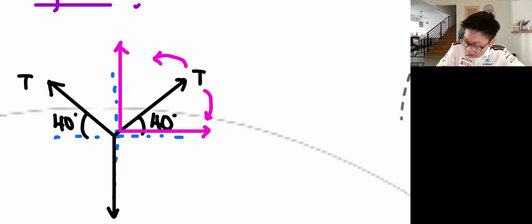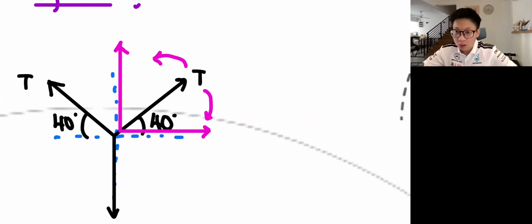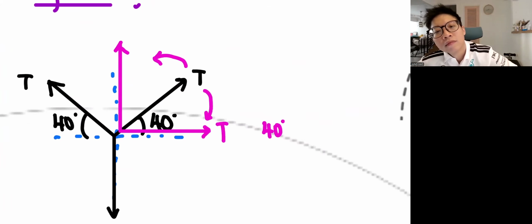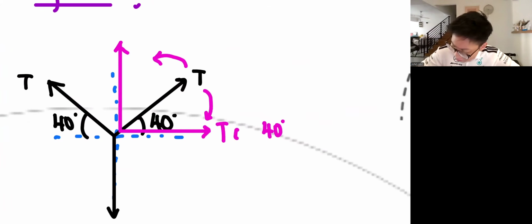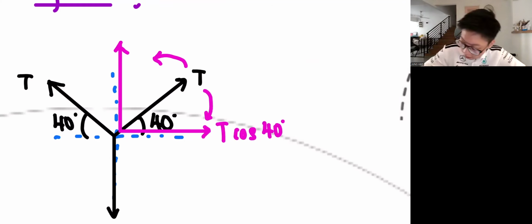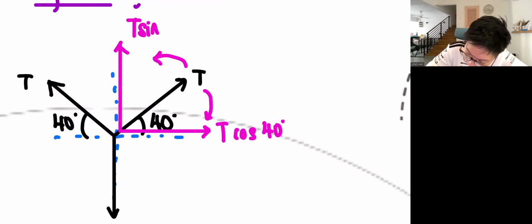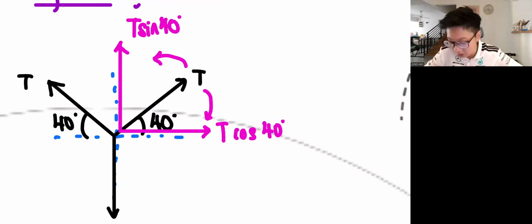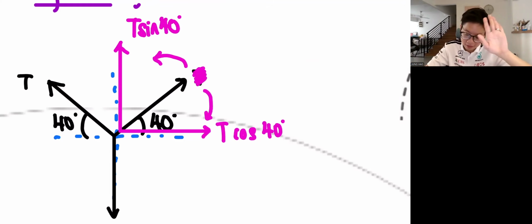Now, come on, guys, let's double check. So, this is going to be T cos or sine 40. Yeah, cos, because it is touching the angle, right? Then this is going to be T sine 40. So now this is already being split into two.